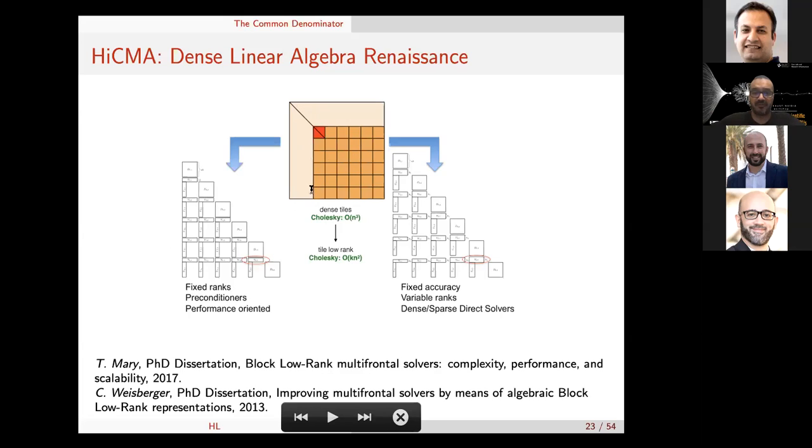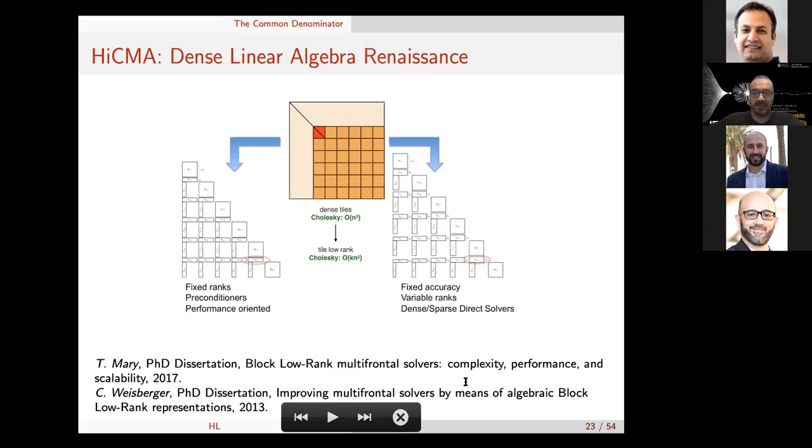So you went from a dense tile to a tile that is represented by those two U and V matrices, or tall and skinny matrices, that if you were to perform the outer product of those two, you would go back to the dense representation. Of course, we do not want to go back to the dense representation because we are interested in solving large problems.